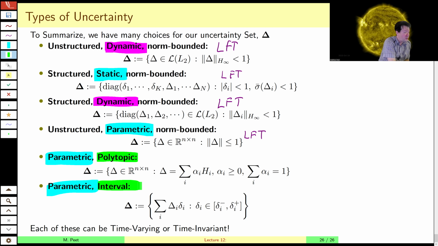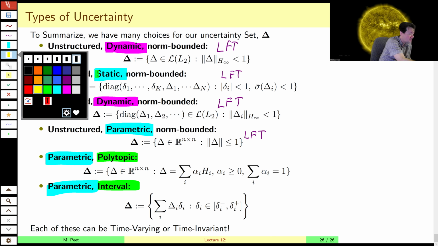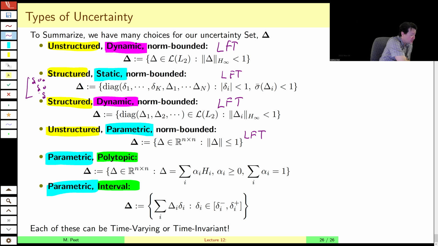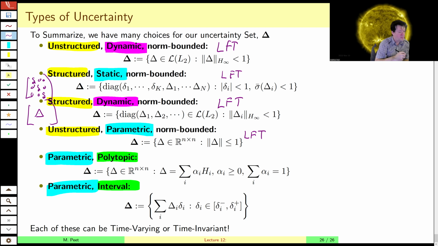The uncertain parameters may be structured. In fact, they often are. Or they may be unstructured. And that refers to whether they have that diagonal term with zeros on the off diagonal, or whether it's a full matrix, just delta.